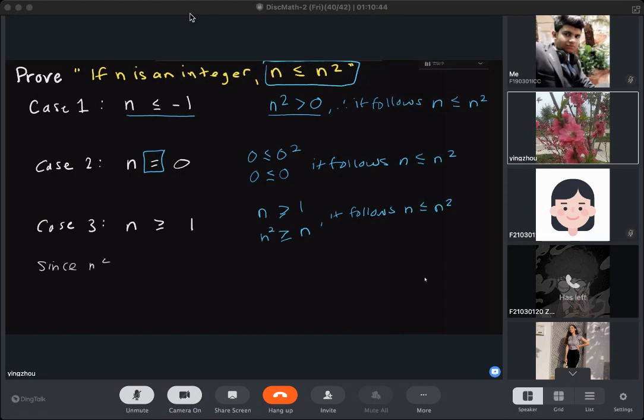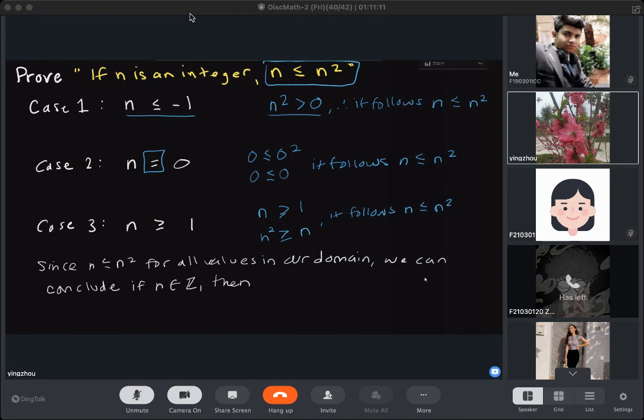Since n is less than or equal to n squared for all cases, or for all values in our domain, we can conclude that if n is an integer, then n is less than or equal to n squared.